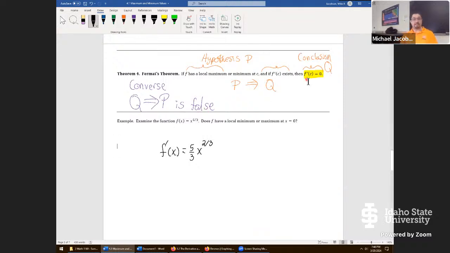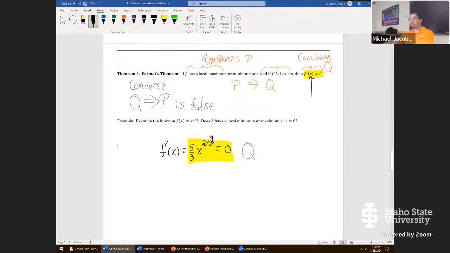And we did this portion right here, the f prime of x portion. Next, we're going to set it equal to 0. To correspond to what we're doing, we're now at the right end, the Q part of Fermat's theorem. That's just an equation we could solve, and what we're trying to solve for is the input that gave us the value 0, the critical number c we'll later call it.